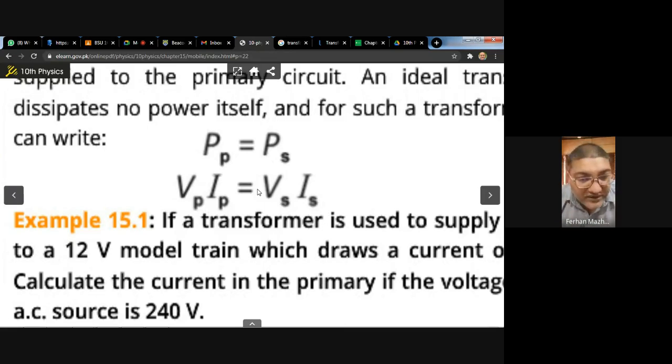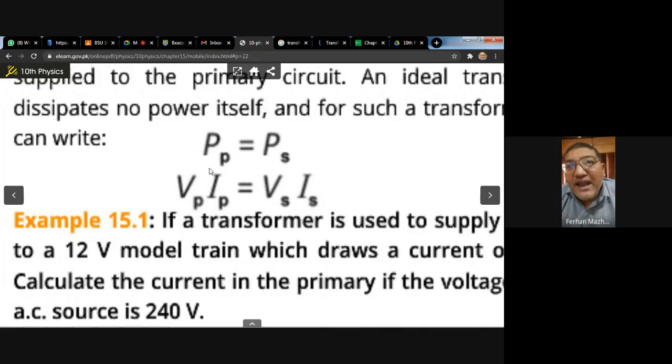So the power in the primary can be VpIp, the voltage in the primary multiplied by current in the primary. And the power in the secondary, Ps, can be replaced by VsIs. Vs means the voltage in the secondary and Is means the current in the secondary coil.